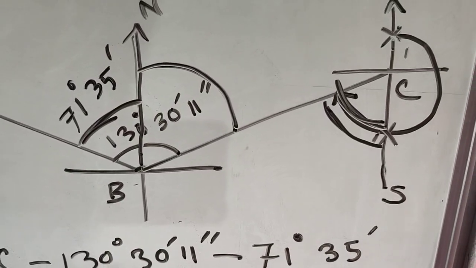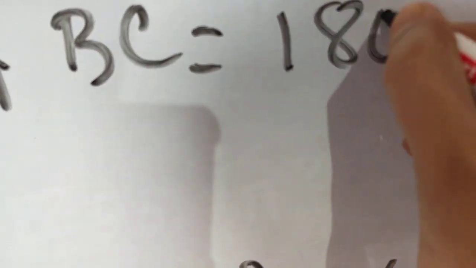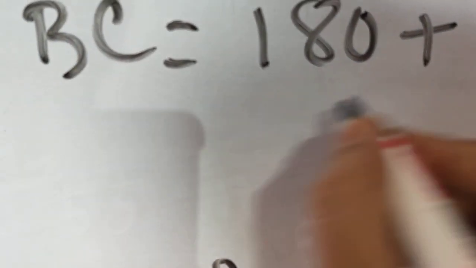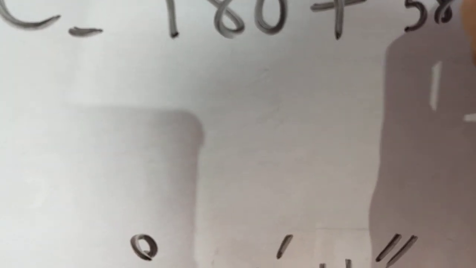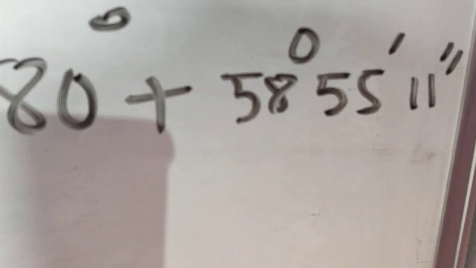Okay, so bearing of BC is equal to 180 degree plus 58 degree 55 minutes 11 seconds.